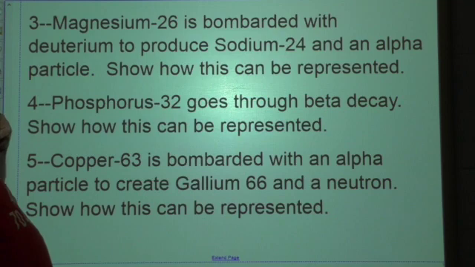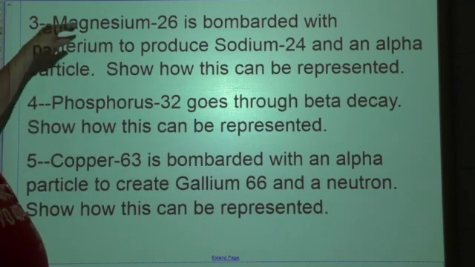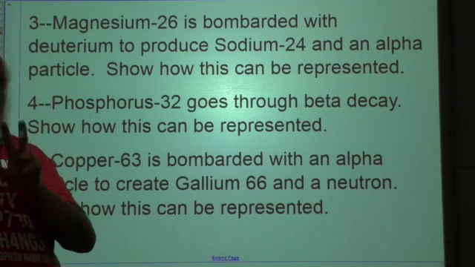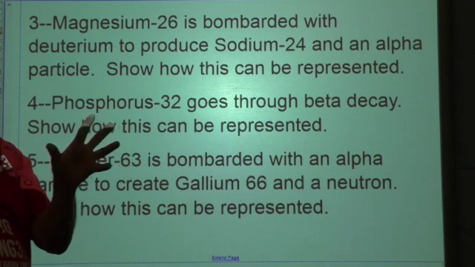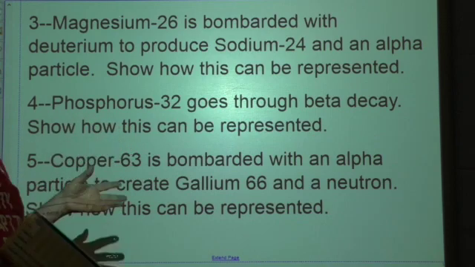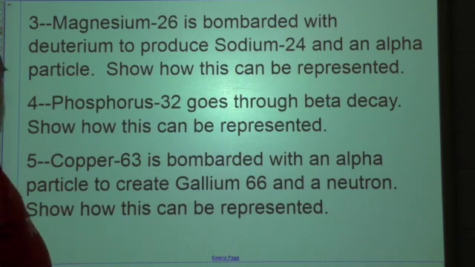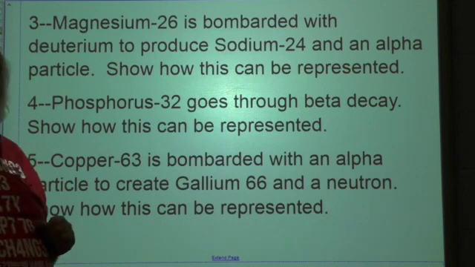Now, for this bombardment reaction, I want to see 2: the one with the regular equation, and the one with the parentheses, and the two particles, one bombardment, one byproduct. Okay? Have fun.